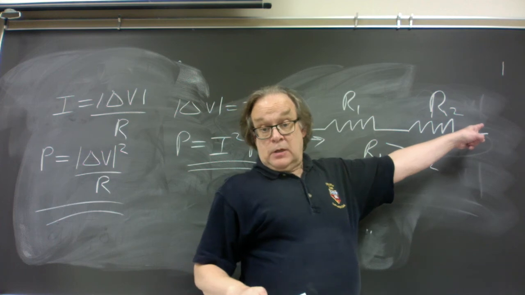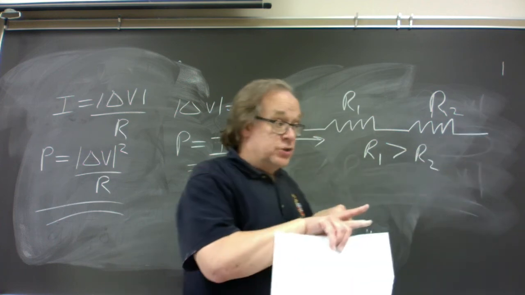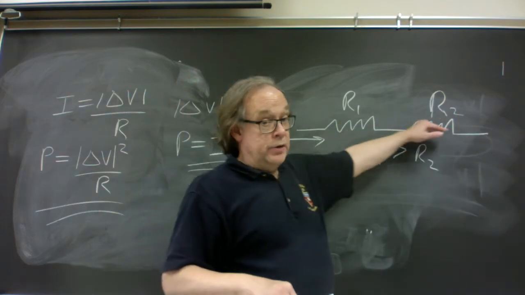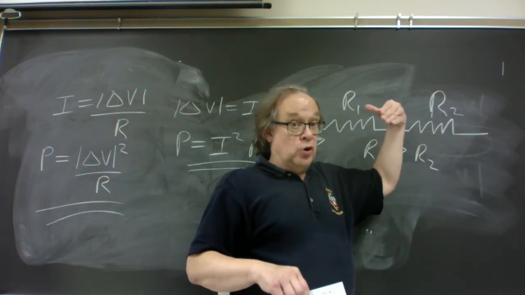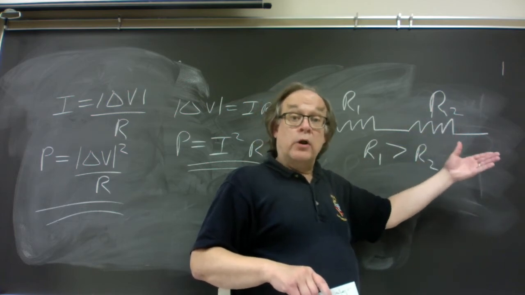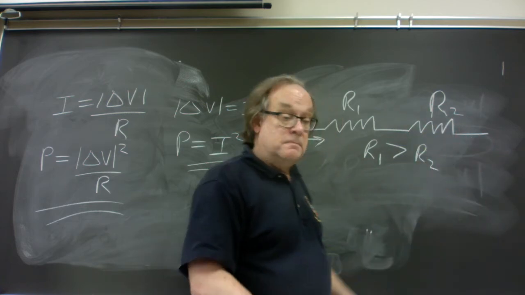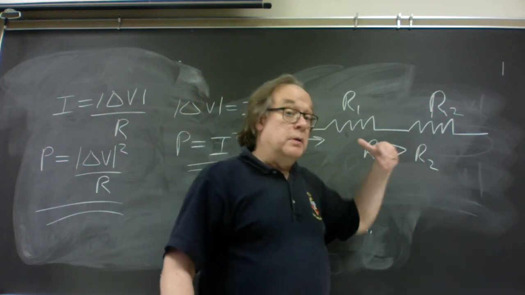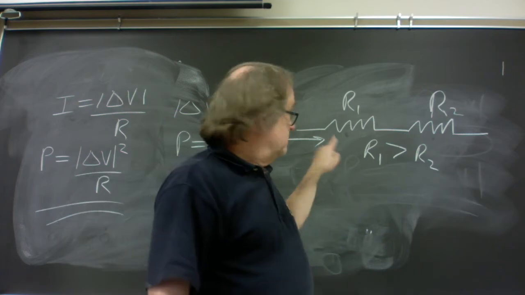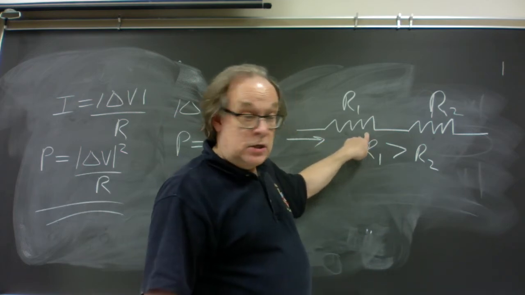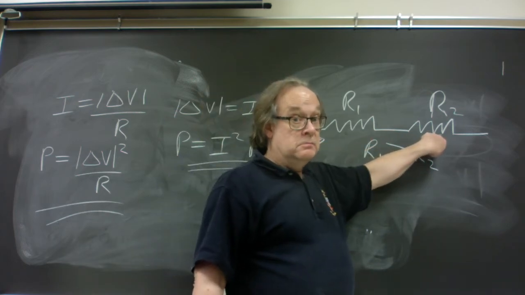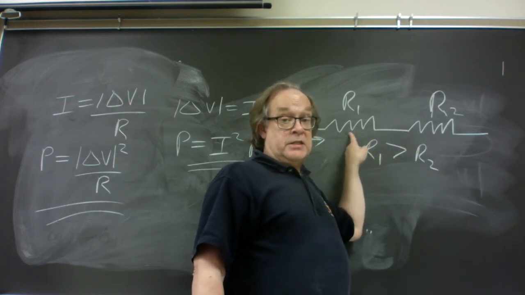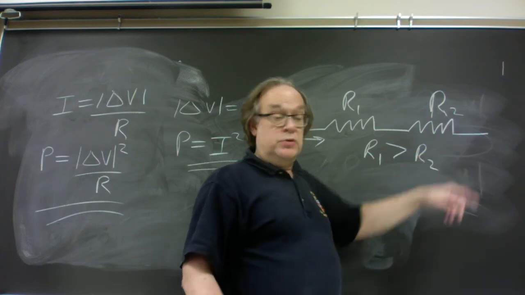Everywhere in the current's path, as long as the current doesn't branch out into two or more paths, the current is the same as it is anywhere else. Obviously, the path looks different here than it does here, but as far as current is concerned, you've got the same current here as you do here.